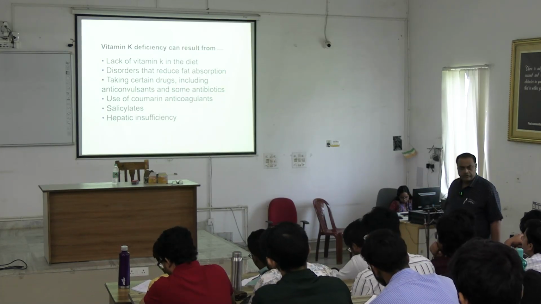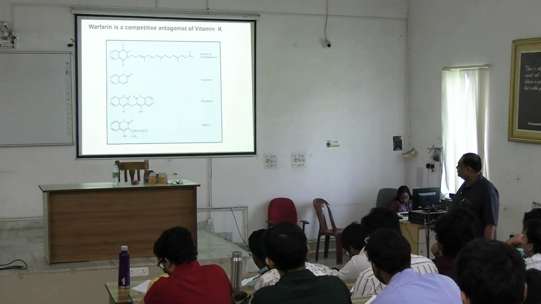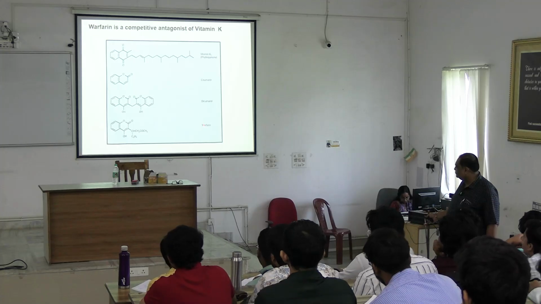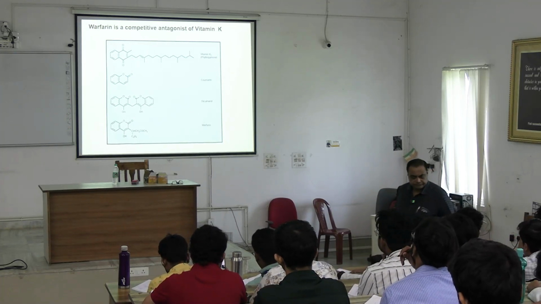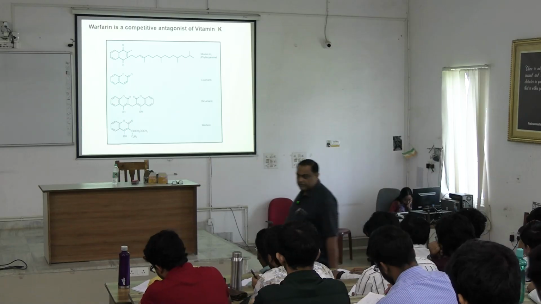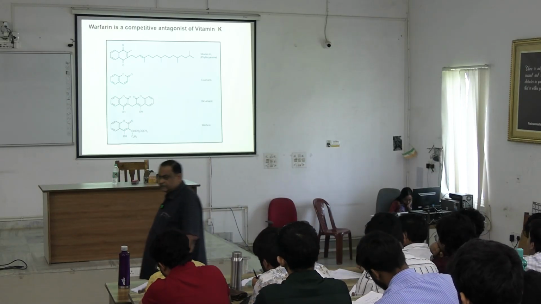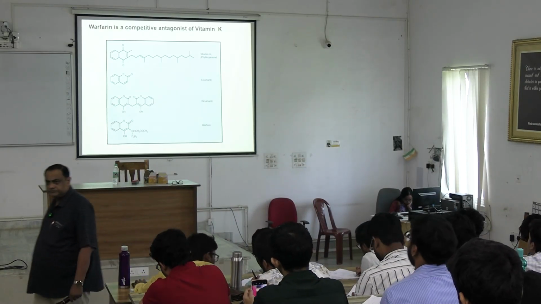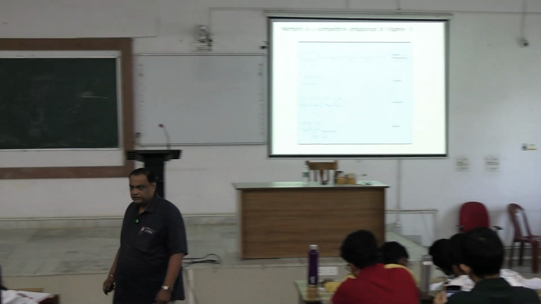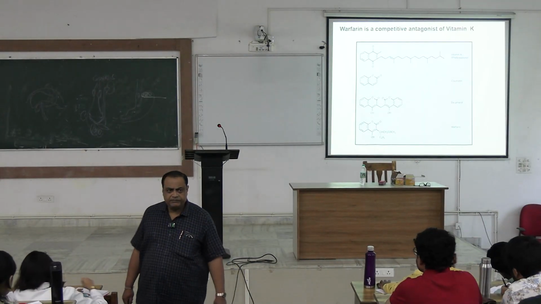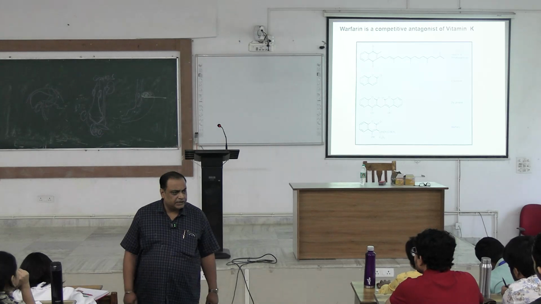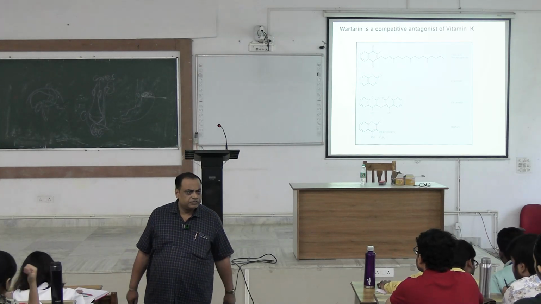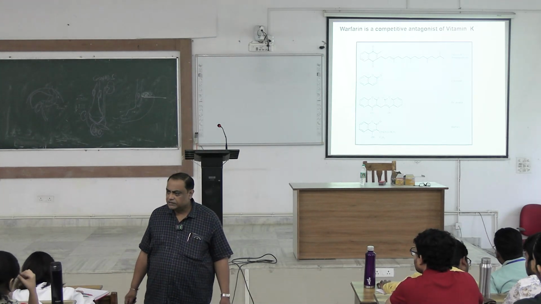Coumarin, dicumarol: these compounds are called vitamin K antagonists. If the person is having vitamin K excess, then this can be given. If the person is having clotting disorders, then dicumarol can be given so that the blood doesn't clot.